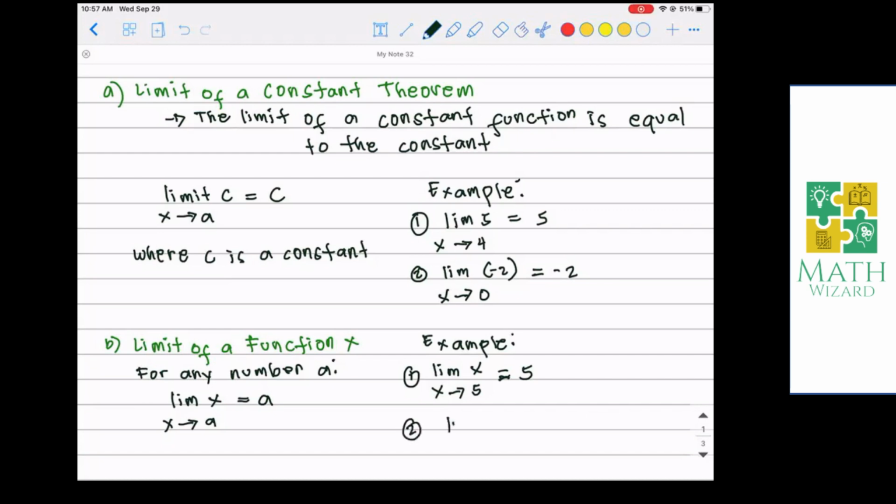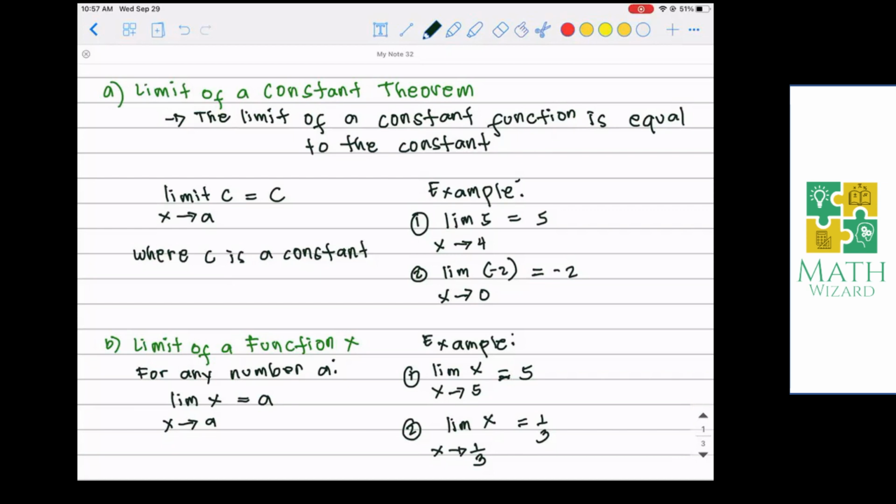Let's say the limit of x as x approaches to, let's say, 1/3. Again, ang magiging sagot natin kung saan nag-a-approach si x. And x approaches to 1/3, therefore, ang sagot natin is 1/3. That's the limit of a function x.